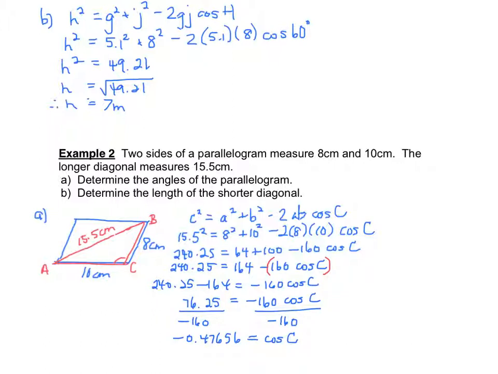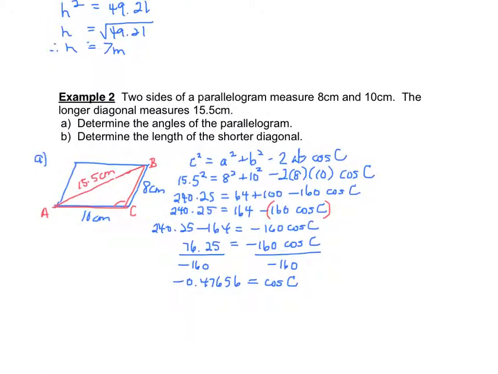So keep several digits there, and as I said, you could actually just keep them all on your calculator screen, because your very next step will be to find cos inverse for that value anyways. And so we find out angle C is approximately 118 degrees.